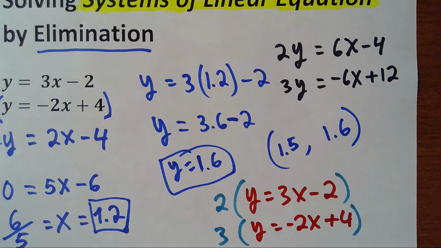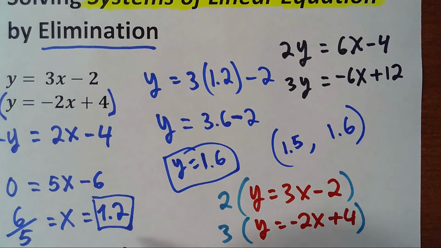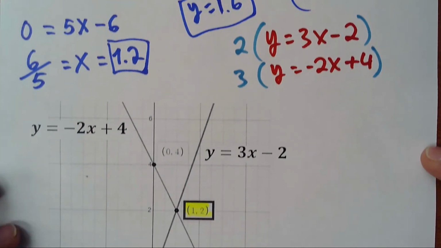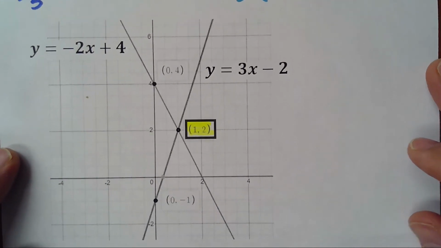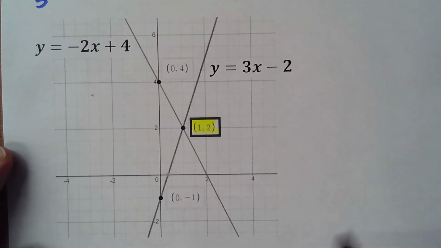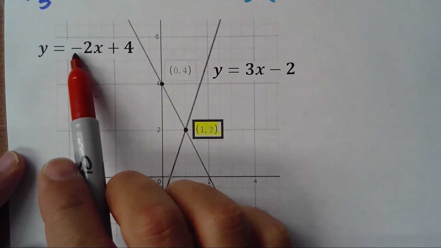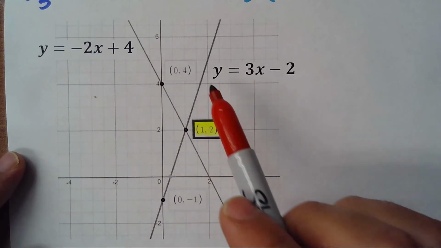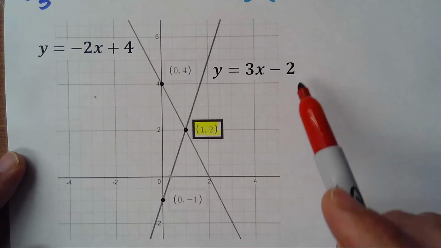Now let me present a challenge in this video. You see that the answer we got was 1.2 and 1.6. I graphed those two equations with a computer program. You see here the minus 2x plus 4, here's the y-intercept, and here we have y equals 3x minus 2.